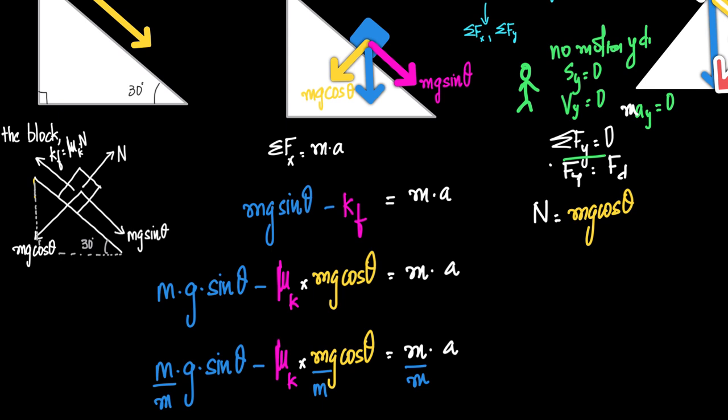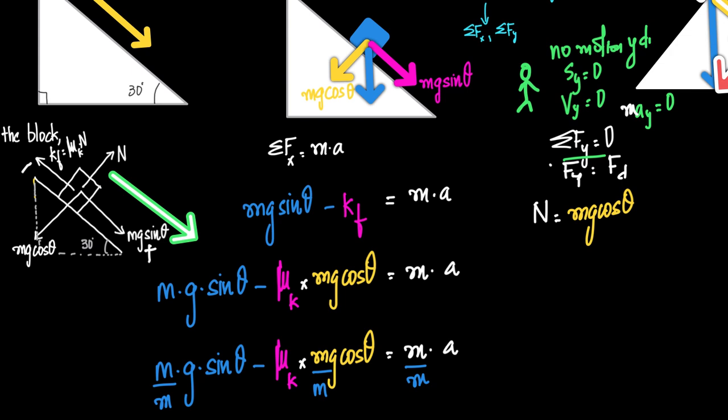Now you might be asking, how do you take this to be positive and the other to be negative? Let's understand the concept as well. The overall direction of this motion is downwards, right? So all those forces which are acting along the net direction of motion would be taken as positive. All those forces which are acting against the net direction of motion would be taken as negative.